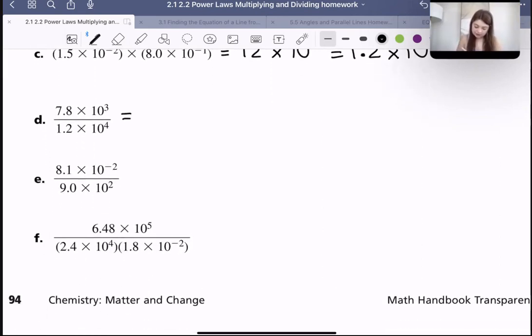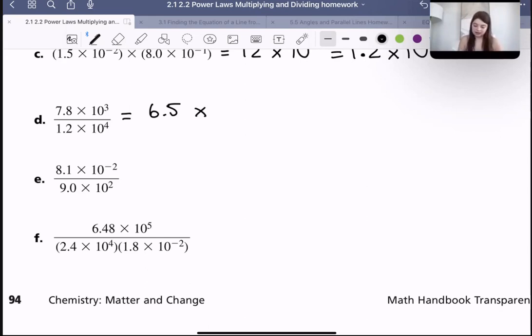This is 7.8 times 10 to the 3 over 1.2 times 10 to the power of 4. Okay, so first of all, what is 7.8 divided by 1.2? Well, if we punch that in our calculator, we get 6.5. So I'll write 6.5. And then what do we get when we do 10 to the power of 3 minus 4, right? Because again, when we divide exponents with the same base, we subtract the exponents.